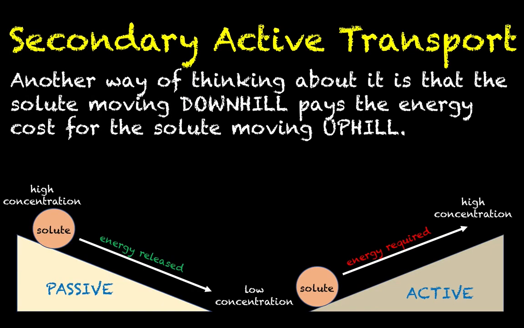So before we wrap up this video, I want to emphasize that one of the big reasons the sodium-potassium pump has to set up sodium and potassium gradients and then maintain them is because those same sodium and potassium gradients are used to fuel secondary active transport processes like these.